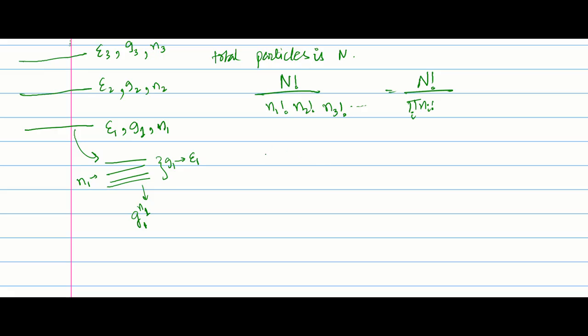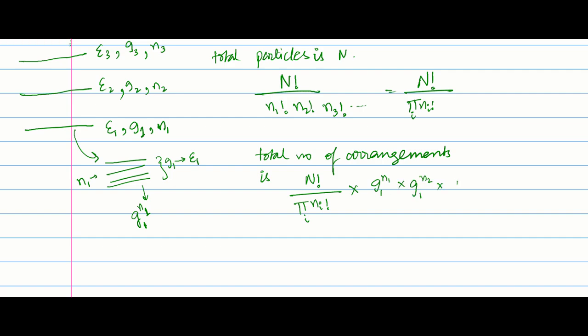So the total number of arrangements is N factorial divided by the product of ni factorial, into g1 power n1. For energy level E2 also, g2 power n2, and g3 power n3, and so on.